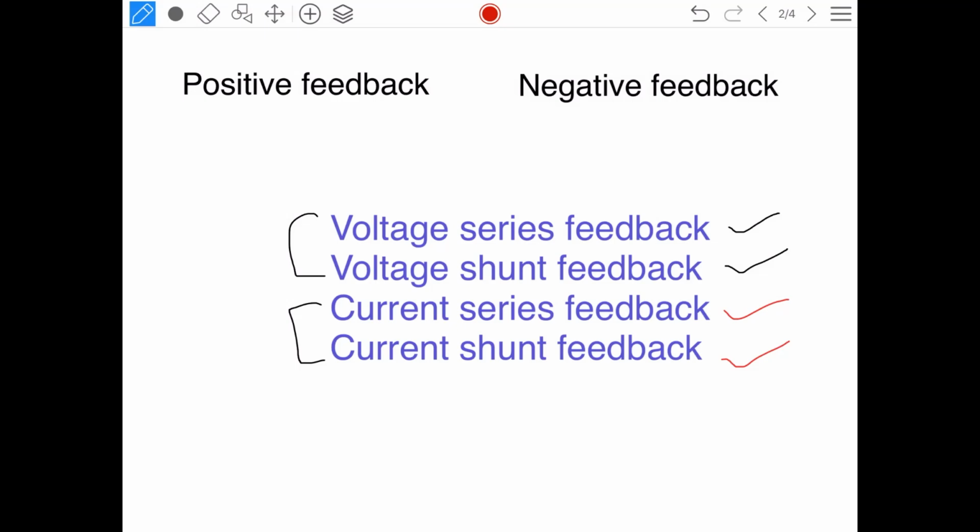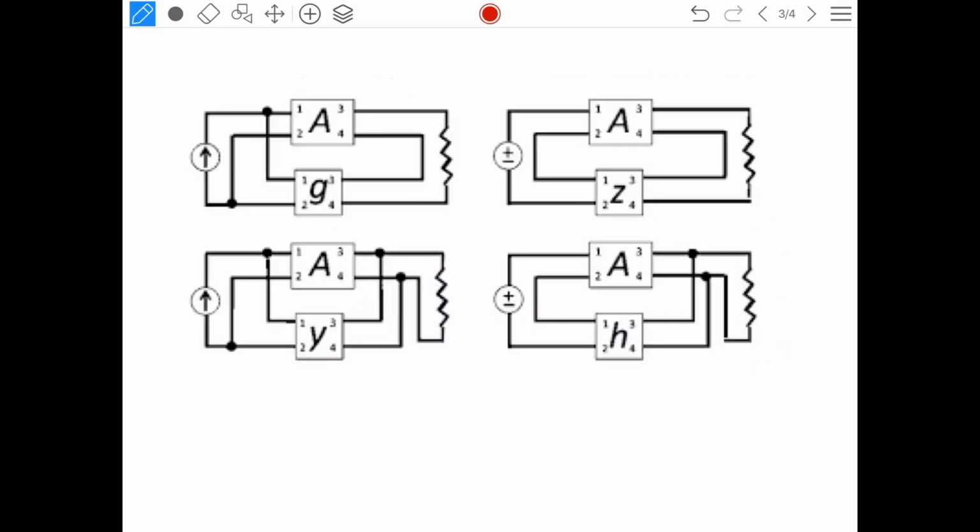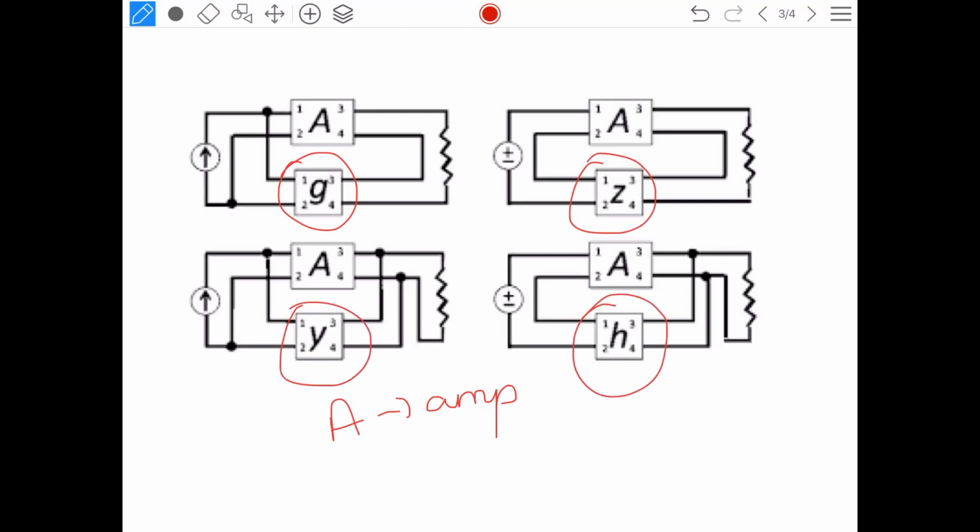Let us see the block diagram representation of each. Here, A, I am calling it an amplifier block. These circuits G, Z, Y and H, we are calling them the feedback gain, because that is also the circuit for which we can calculate its gain. A is the gain of an amplifier, G, Z, Y and H are the gain of the feedback network. Having understood those assumptions, you can see we have voltage and current sources.